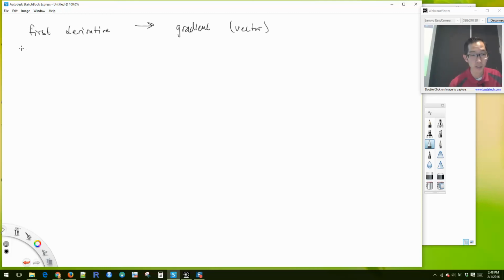And then the second derivative turns into the Hessian, which will be a matrix, okay? I'll show you why on Wednesday. But the gradient is a vector, the Hessian will be a matrix. It's the second order derivative, basically.